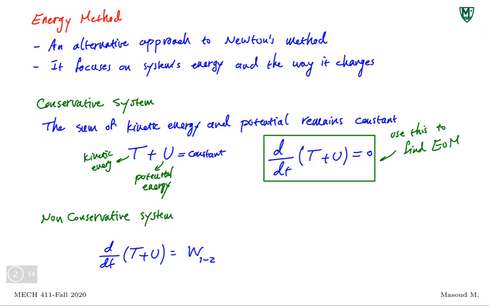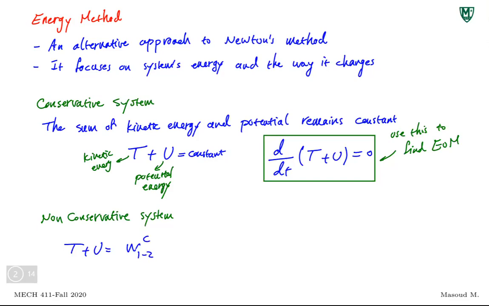The work is done by the damper, so I use C to represent the viscous damper. Now, because this is work, let me just write the expression before taking the derivative. Then I'll take a derivative with respect to time. So we have T plus U is equal to the work done by the damper, 1 to 2.